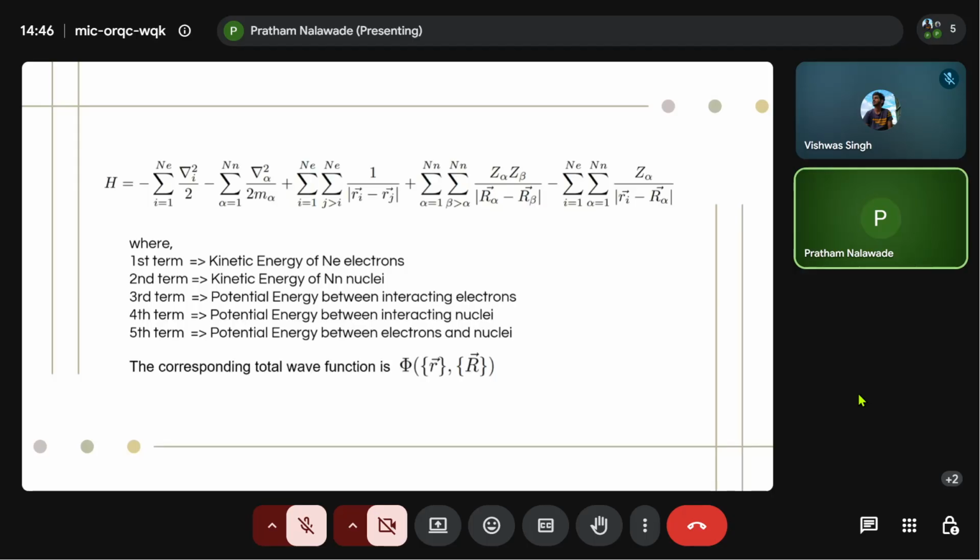Okay, so this is the total wave function for this complete Hamiltonian, which is obviously a function of small r, that means the coordinates of electrons, and the capital R, which is the coordinates of our nuclei.